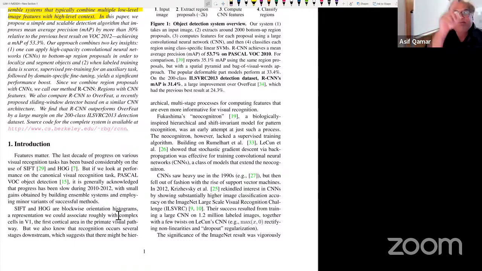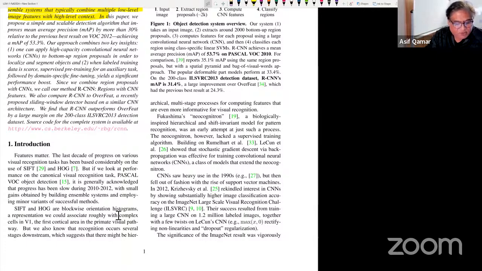Like, for example, if you have a building, the tip of the tower, and so on and so forth, they would look for significant features, right? Image features. And HOG is the histogram of oriented gradients. I think that's right. Yeah.